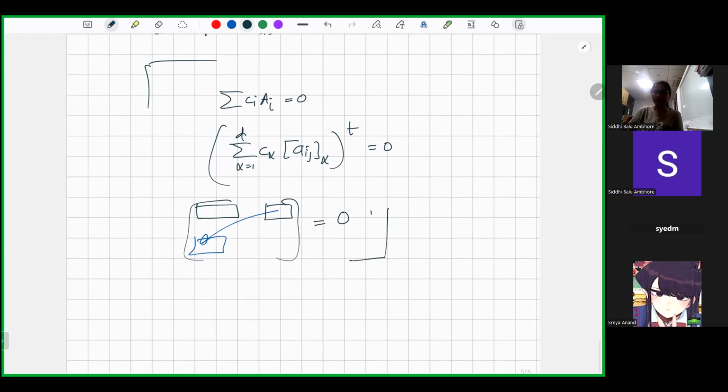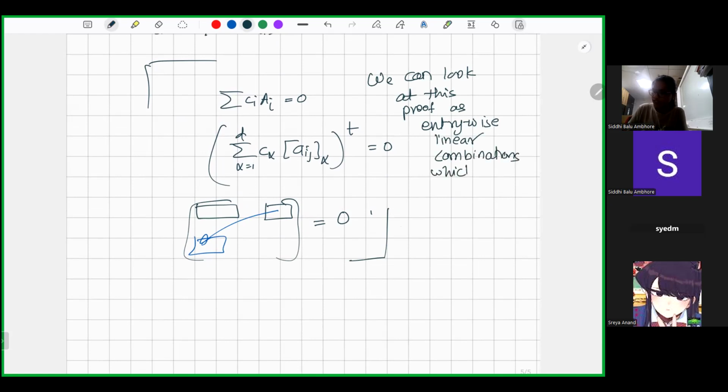So we can look at this proof as an entry-wise combination, which is anyway 0 under the given assumption.